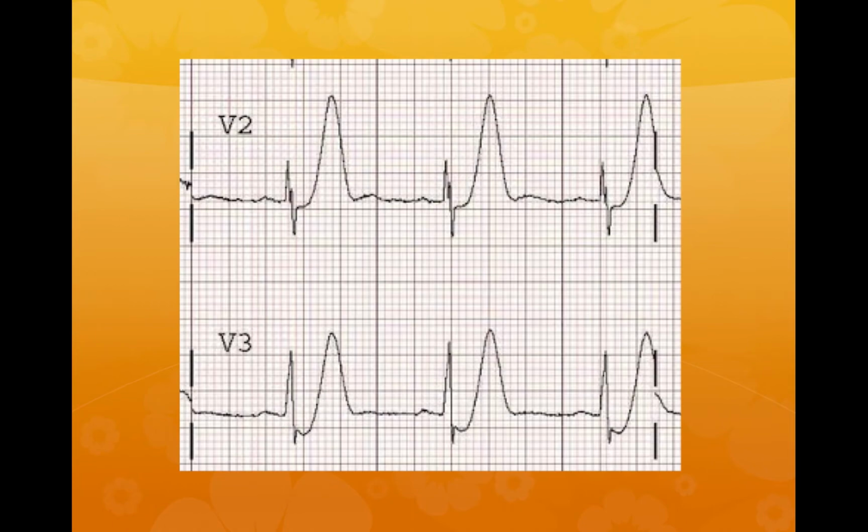Next, this is an example where we see some ST depression, and in this case, it was representative of some subendocardial ischemia. We also see these giant T waves. These are what we call hyperacute T waves, and this can be one of the first signs of an acute occlusion.